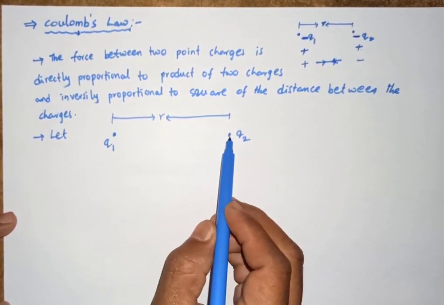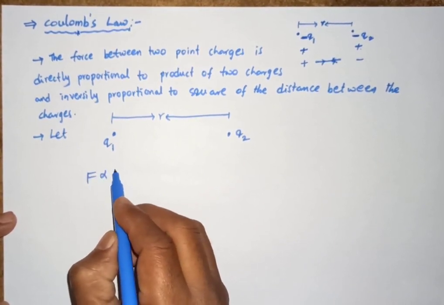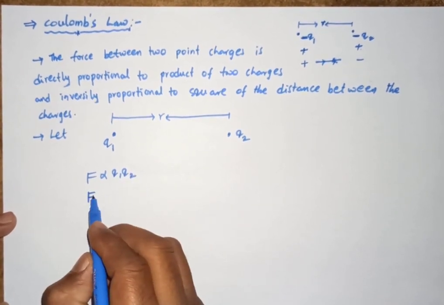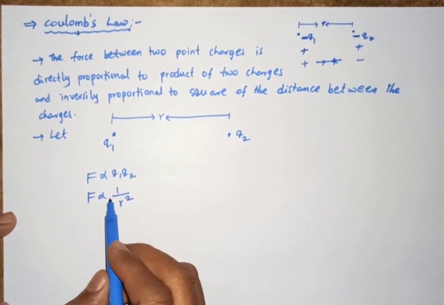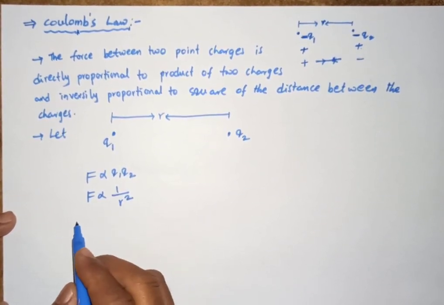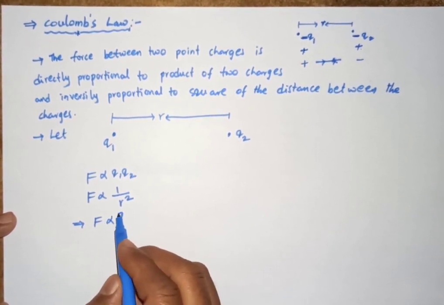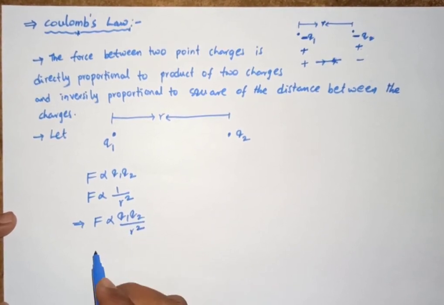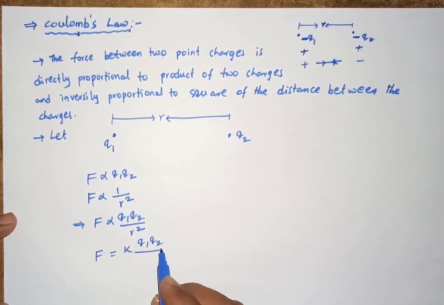The force is directly proportional to the product of the two charges q1 and q2, and inversely proportional to the square of the distance, or F is directly proportional to 1 by r square. From this we can combine F is directly proportional to q1 q2 by r square, or F equals k into q1 q2 by r square, where k is a constant.